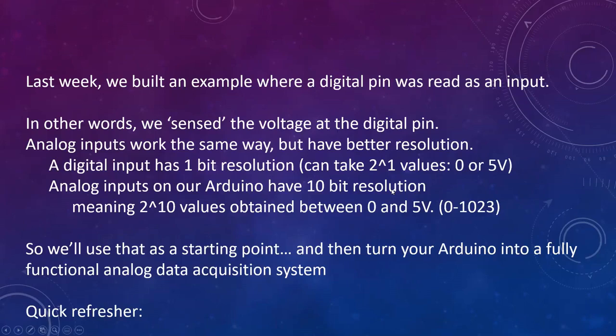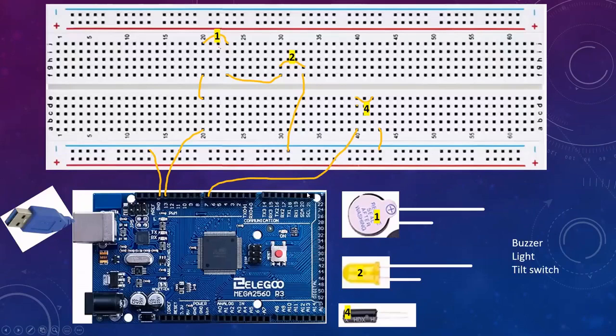And then by using that same circuit that we made last week and just making a few modifications to it, and then doing some software wizardry, we'll turn your Arduino into a fully functional analog data acquisition system. So before I switch over to code and the Arduino cam, this is just a review of what we built last week.